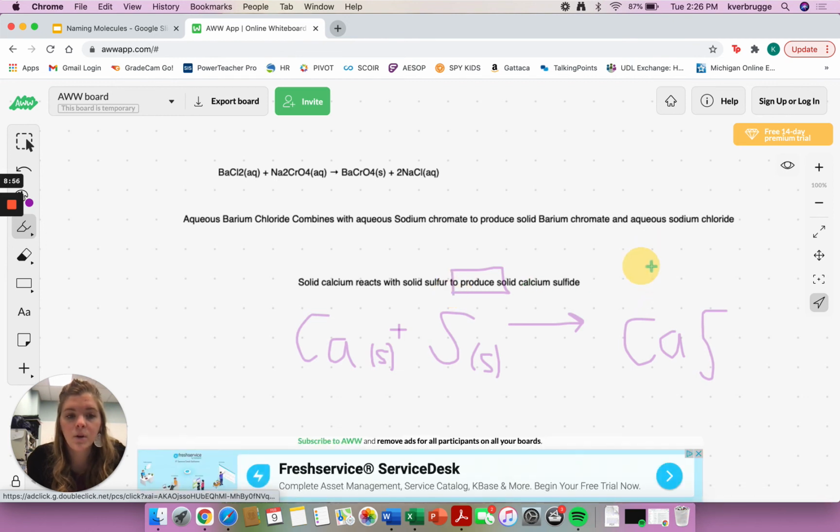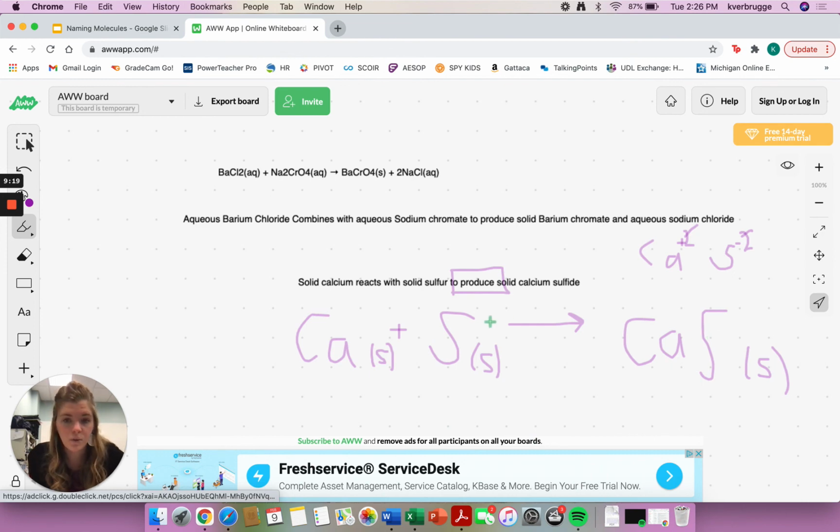We can do a little work up here with calcium. We know that calcium has a +2 charge. We know that sulfur has a -2 charge, so we can cancel those charges so that we get Ca1S1, or just CaS. And it says solid once again, so make sure you include that little tiny S at the end. So this would be your answer here.